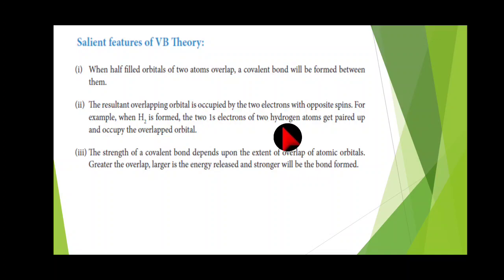Each hydrogen is 1s1, so 1 electron is involved in the bonding. Point number 3, strength of a covalent bond depends upon the extent of overlap of atomic orbitals. So the greater the overlap, the larger the energy released and the stronger the bond formed. So if overlap is greater, the bond will be very strong, right?